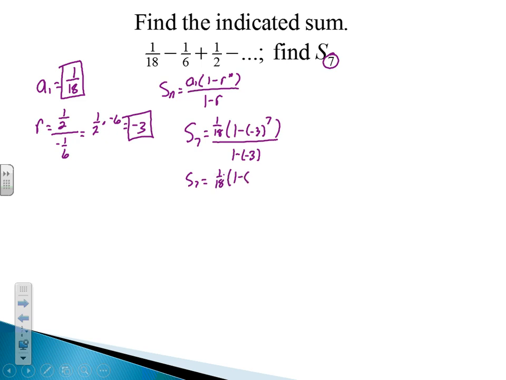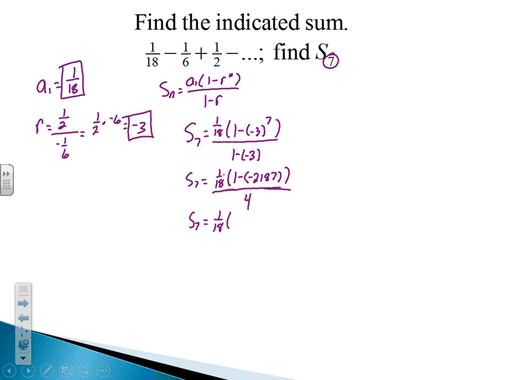So negative 3 raised to the 7th power is going to be negative 2,187. And in the denominator, 1 minus negative 3, that's just saying 1 plus 3, so we can just write that as a 4. And just keep going, simplifying everything that you can.